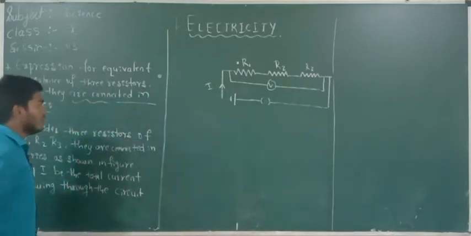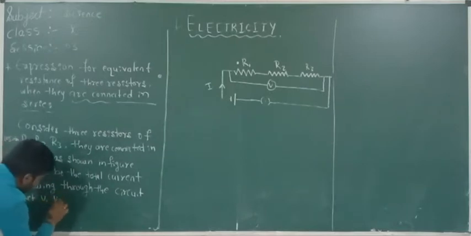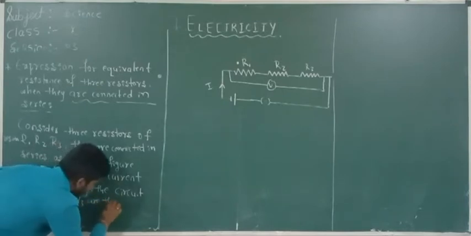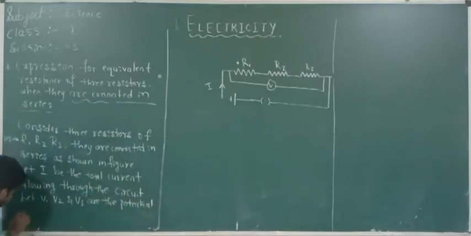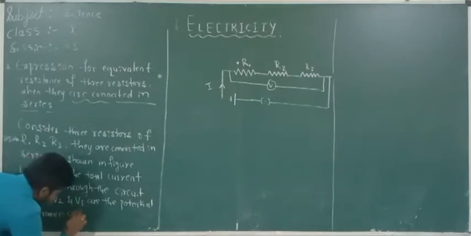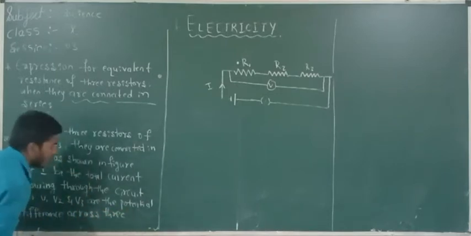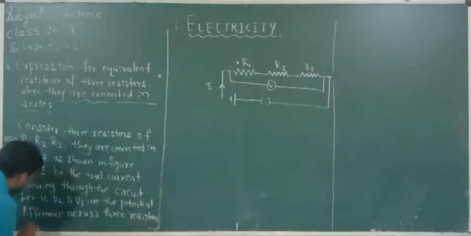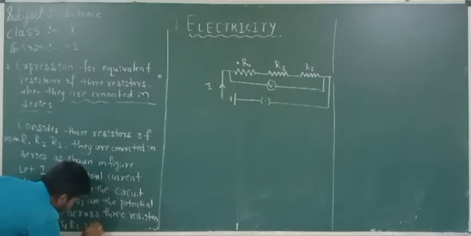And let V1, V2 and V3 be the potential differences across the three resistors R1, R2 and R3 respectively.